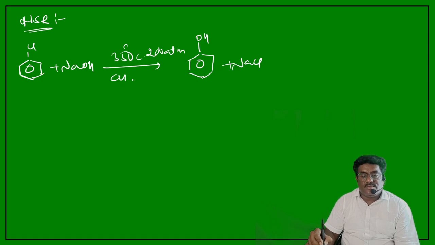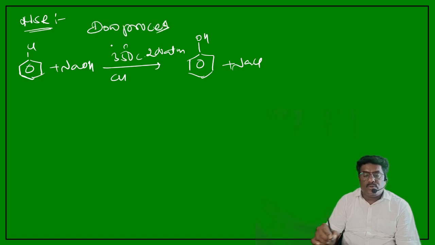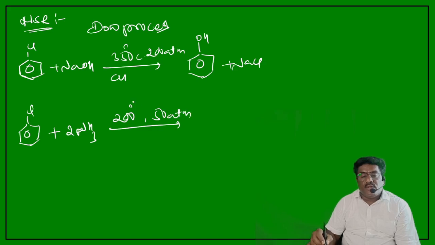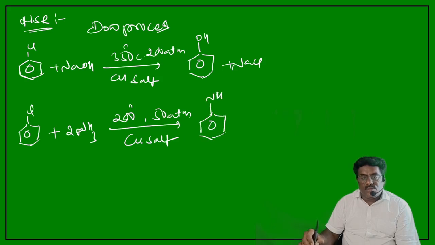The name of the process is the Dow process. Chlorobenzene with ammonia, NH3, at 200 degrees Celsius and 50 atm pressure in presence of copper salt gives aniline and ammonium chloride.